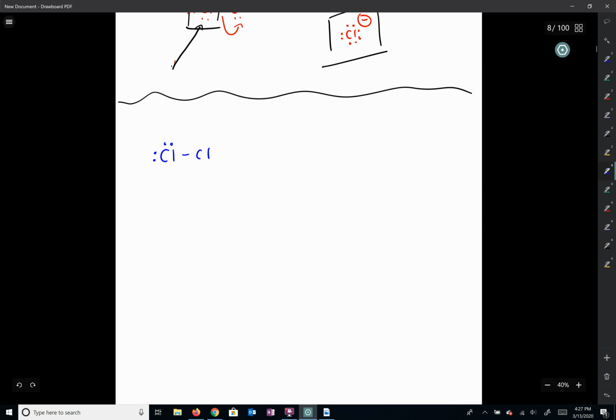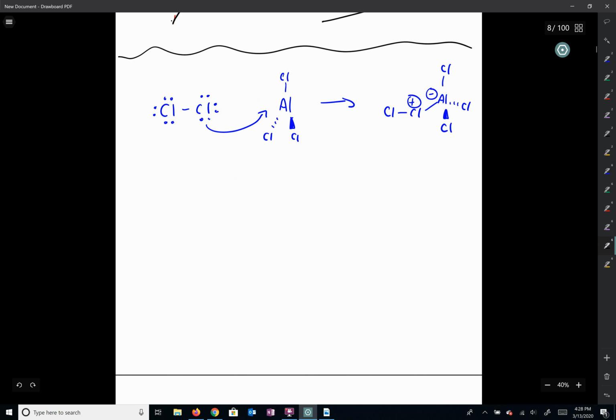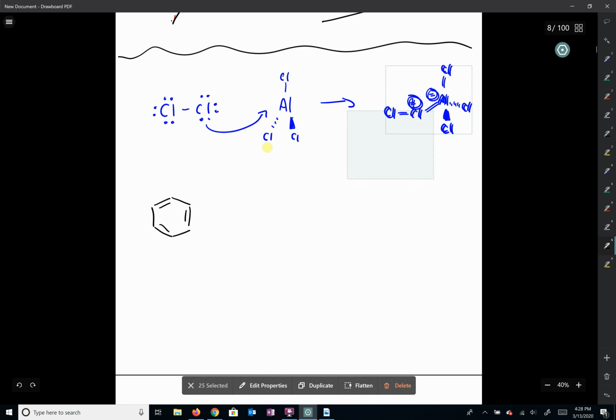So the first thing is we generate that Lewis acid adduct. Then, once we have generated that adduct, I'm going to bring this down here.